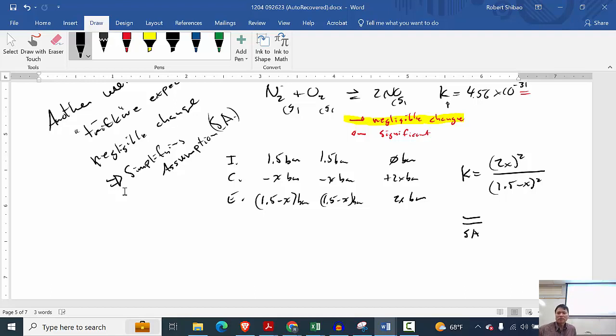What the SA does is it says that I expect x to be so small compared to 1.5. So what we're going to do is assume, I don't know what x is, but I'm just going to make the assumption that x is much, much smaller than 1.5. If x is much, much smaller than 1.5, then 1.5 minus x is just going to be about equal to 1.5.